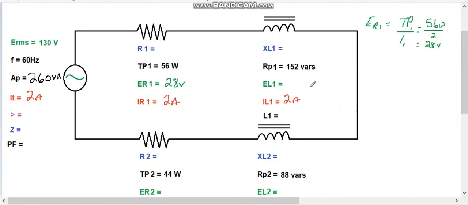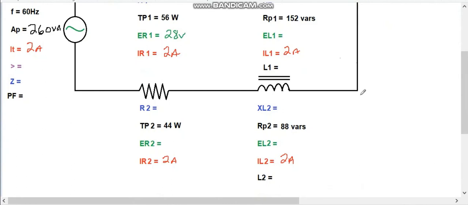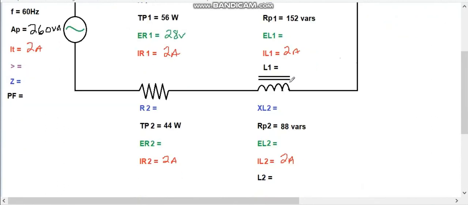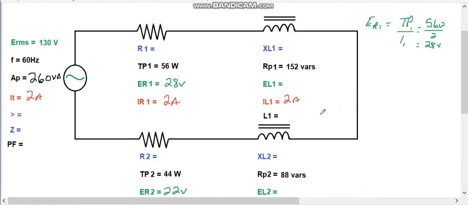And then why don't we do resistor 2 first? We'll keep them all together up here. So for resistor 2, I've got 44 divided by 2. So I've got a 22 volt drop there. All right, and moving on to our inductors.